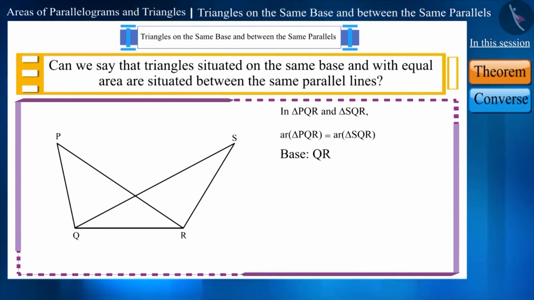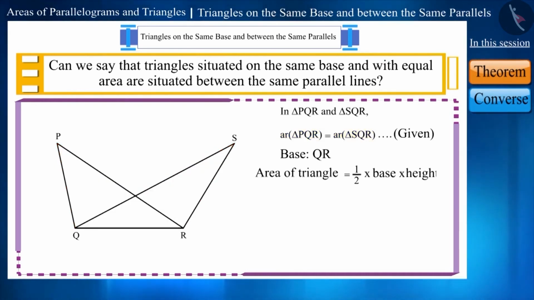Let's discuss this. The area of triangle PQR and triangle SQR is equal. We can write it like this also. Here, if we use the formula for the area of a triangle, then we'll get this: 1 by 2 multiplied by QR multiplied by height, where the base of triangle PQR is QR.